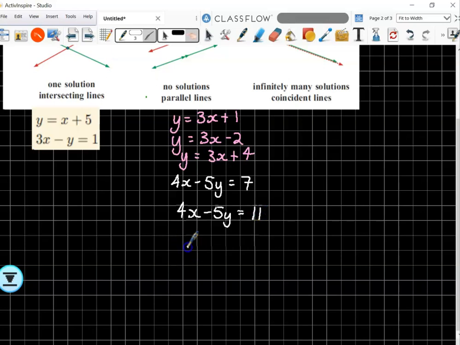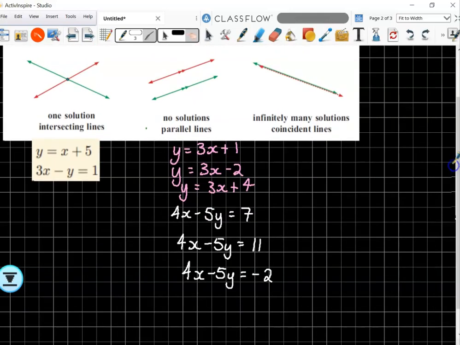Would it surprise you if another one would be 5x take 5y equals minus 2, right? Because imagine if you rearranged each of these to get y by itself, wouldn't you always have minus 4 over minus 5? So it's going to have the same slope every single time. There's a few people who didn't realize that. That might be some notes that you want to write to yourself in a minute.